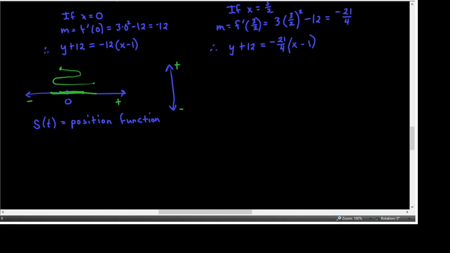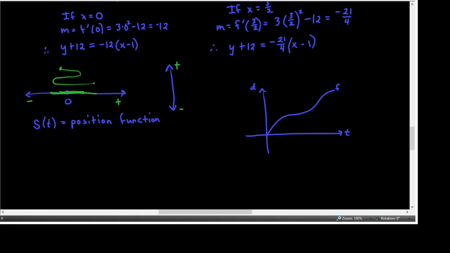So over a period of time, say a trip somewhere, this is time, and this variable here is distance.